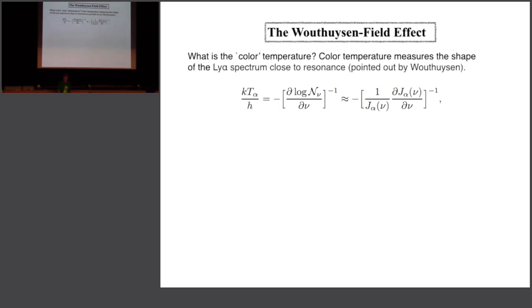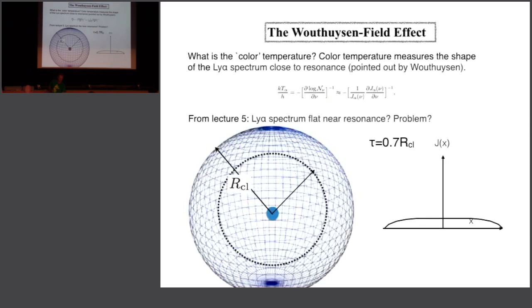Now, there might be a problem here. If you remember from the lecture where I was discussing frequency diffusion, I had this plot. I was saying that as photons diffuse away from line center, they diffuse in frequency space.